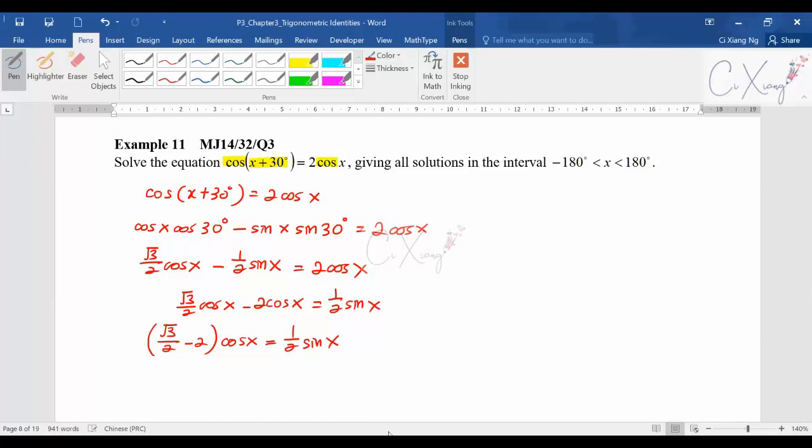Okay, so when I factorize it, left hand side is a cos, right hand side got sine. So I can actually change them to become sine x divided by cos x equals square root 3 over 2 minus 2 divided by half.